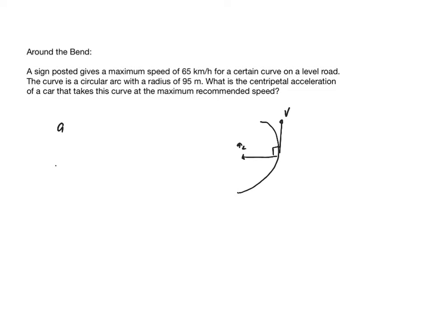I know that the centripetal acceleration is equal to v squared over r. And so it looks like we are given the velocity. We have the velocity at 65 kilometers per hour. The radius is 95 meters. It looks like we need to convert this a little bit.